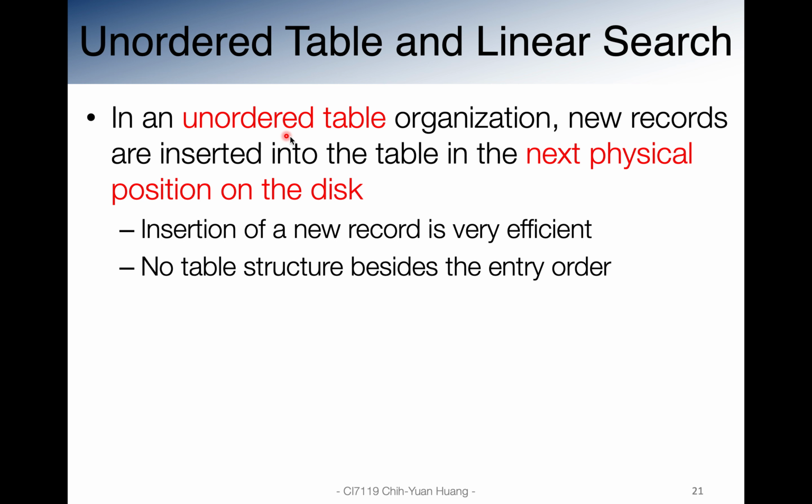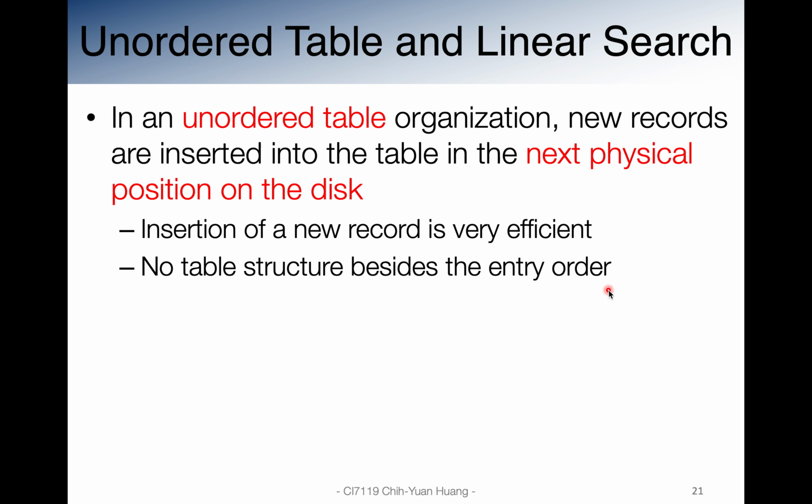The unordered table, according to its name, means that the data you manage in that table is not ordered by any information, or by any attribute. Usually the records are inserted into the table according to the entry order.